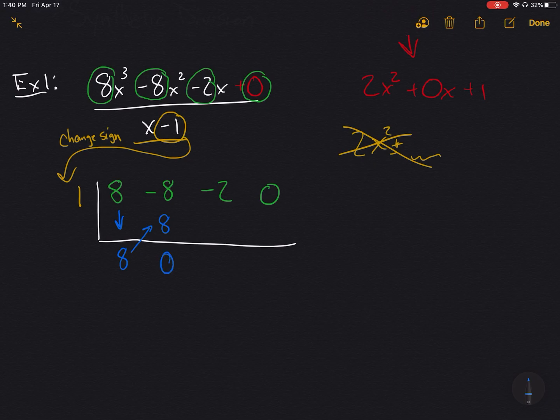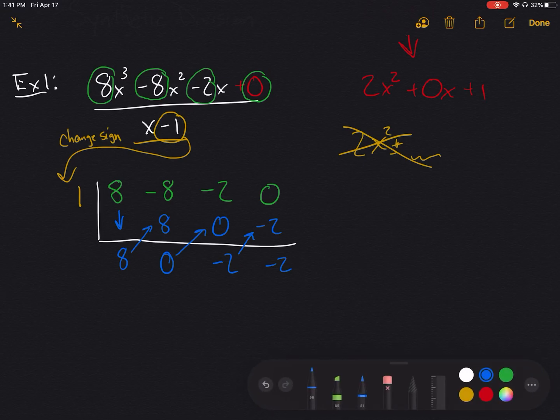Now once again, 0 times 1 is 0. So I put that up there. Now I'm adding down. Negative 2 plus 0 is negative 2. I multiply. Negative 2 times 1 is negative 2. Put that up there. And 0 plus negative 2 is obviously negative 2.